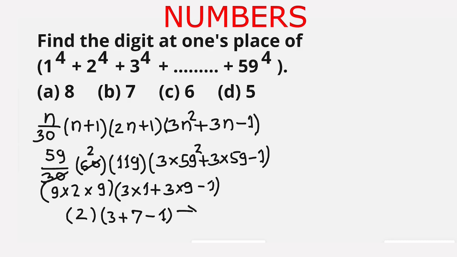This gives 2 multiplied by 3 plus 7 is 10, 10 minus 1 is 9. It is 2 multiplied by 9. This gives 9 times 2 is 18, and 1's place of 18 is 8.